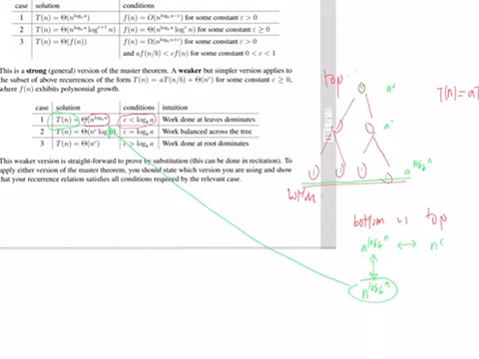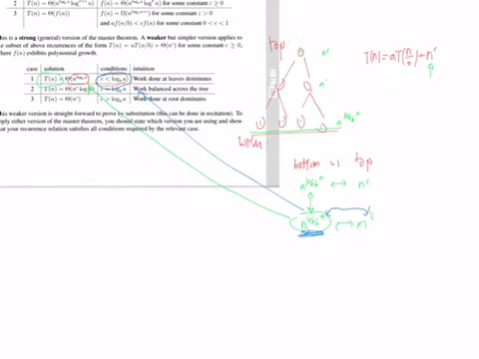And the way you would know that is, n to the log b of a, because you're comparing these two values, and because they have the same base, you're comparing log b of a with c. So hence the conditions. If c is smaller than log b of a, then that's when you know this term asymptotically dominates. Likewise, you can infer the same for the rest of the cases.